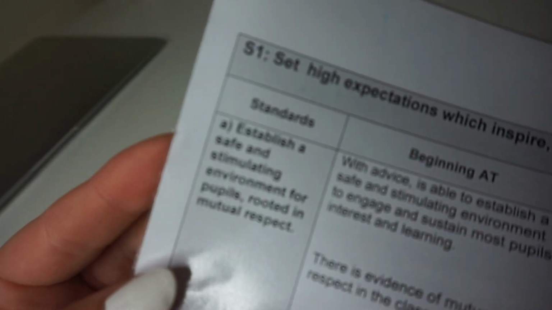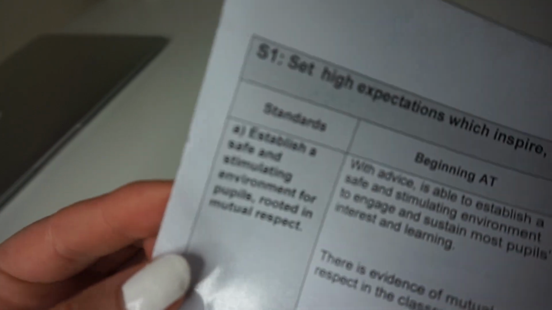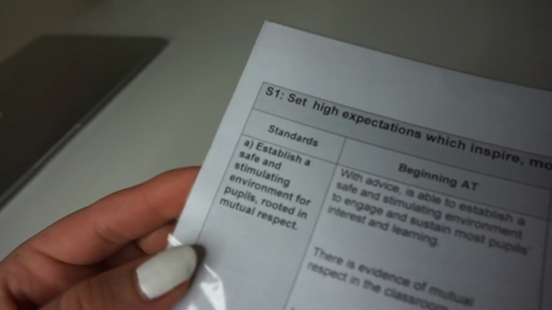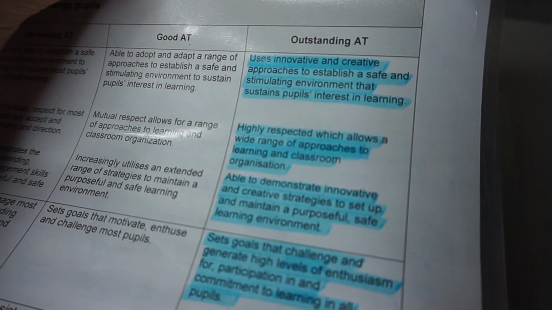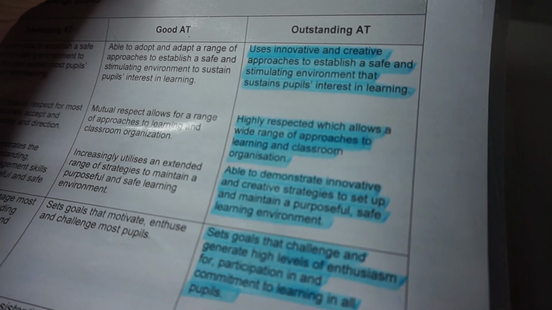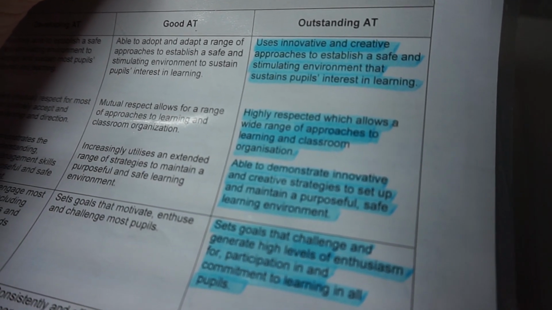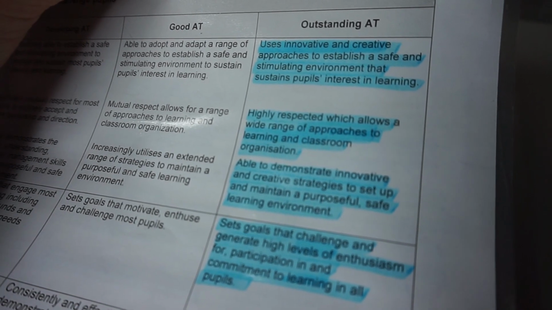Standard 1A is to establish a safe and stimulating environment for pupils rooted in mutual respect. To get outstanding, it says you use innovative and creative approaches to establish a safe and stimulating environment that sustains pupils' interest in learning.